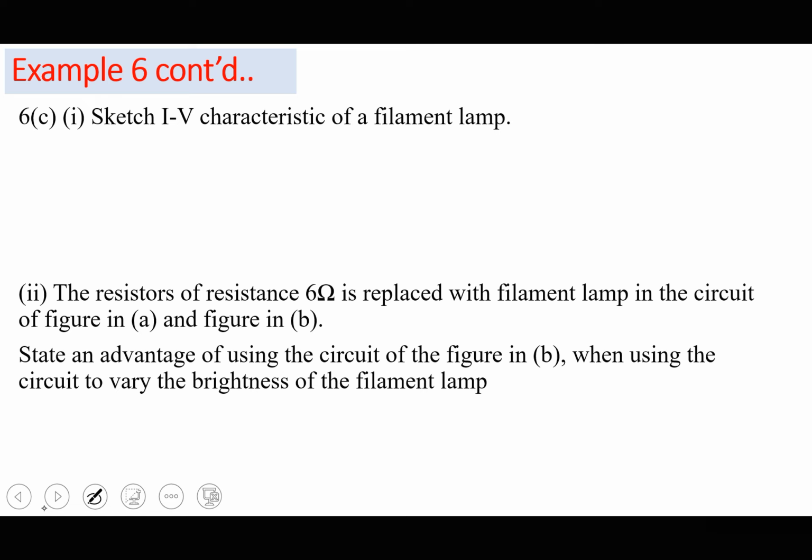Sketch the IV characteristic of a filament lamp. I think this was something we discussed earlier on. The IV characteristic, I said, is current against voltage.